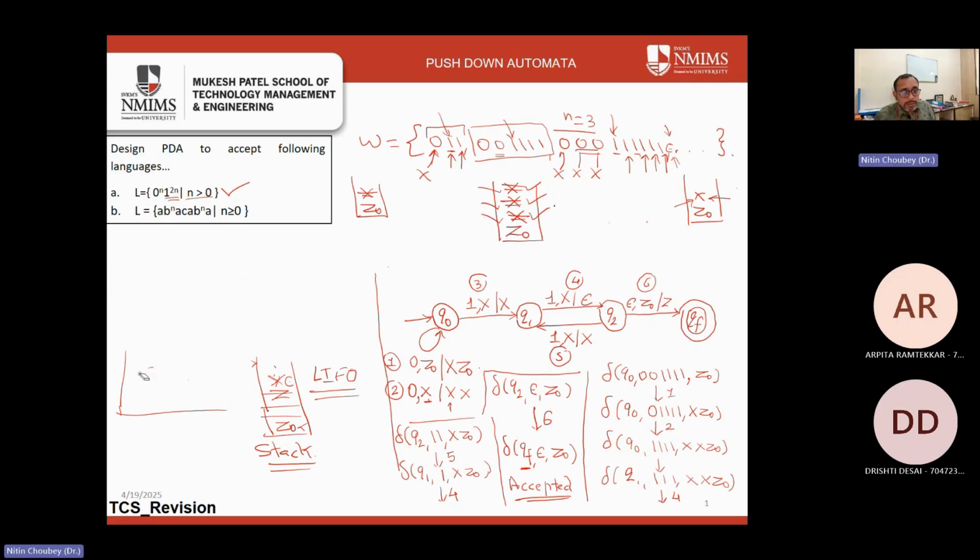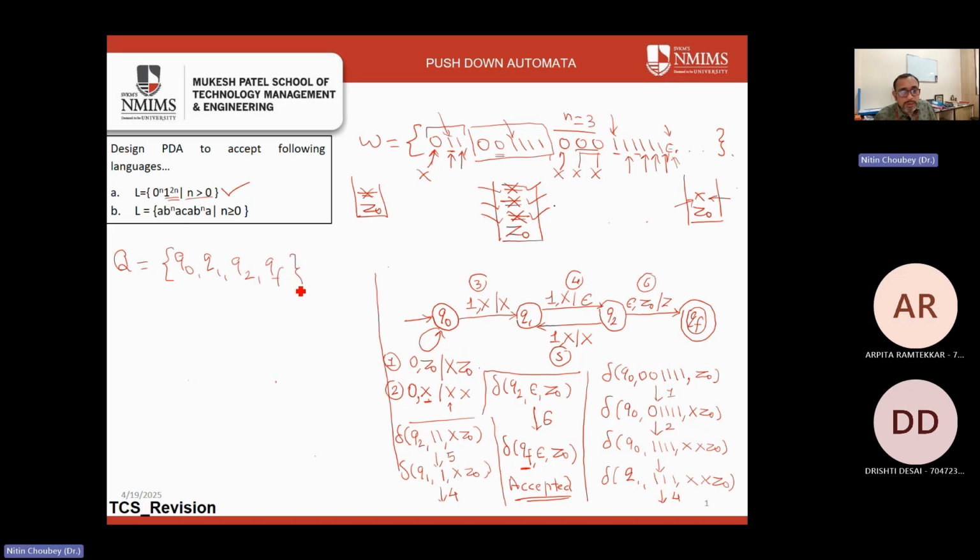Now this is just a construction of the push down automata. We'll go for writing the tuple definition also for this particular case. How many states do we have used here? Those all states become part of capital Q. So we have 4 states, which are Q0, Q1, Q2, and QF.